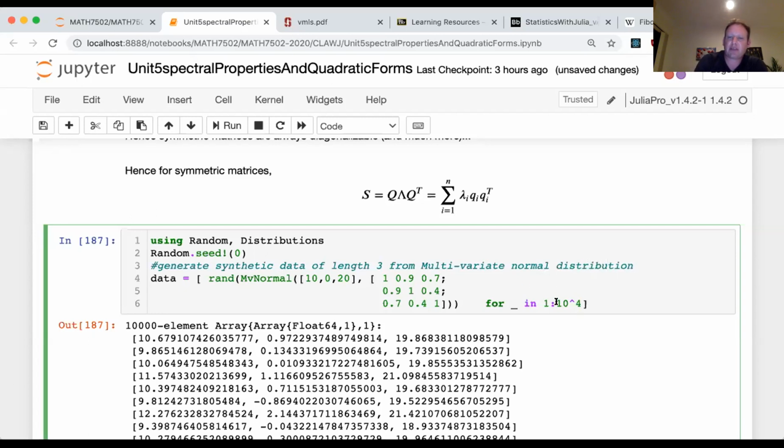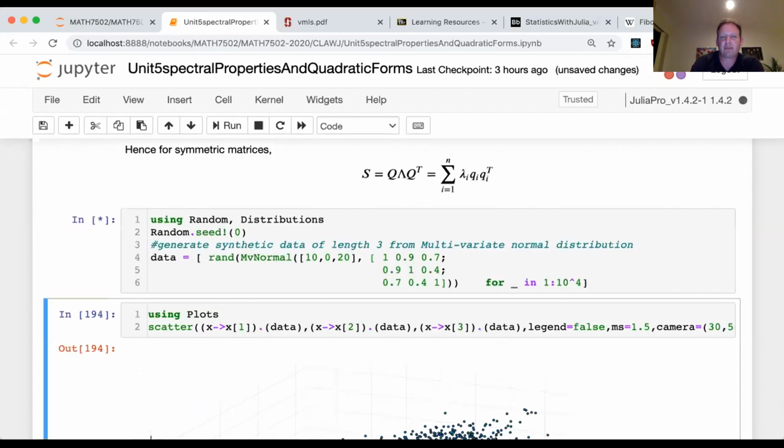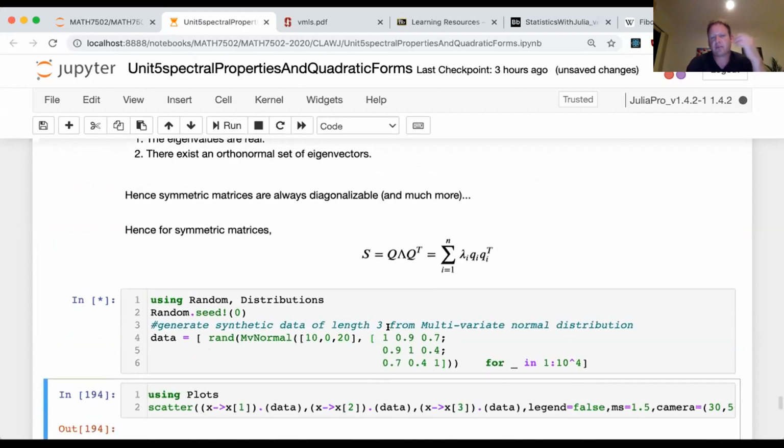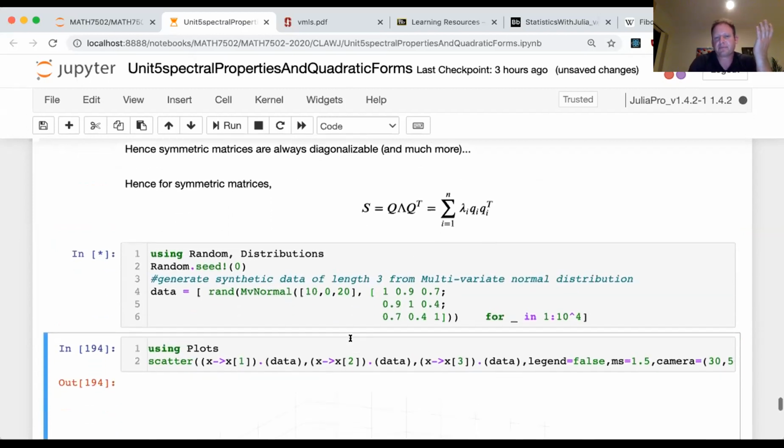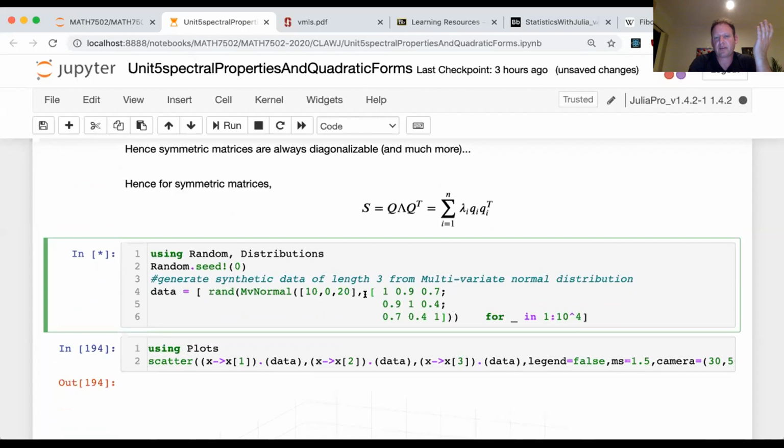I'm going to generate 10,000 points, and each time I do an MVNormal, that gives me a random vector with this mean and this covariance matrix. It's a bit backwards in this example: I'm first just generating the data, so there are many, many points. It's probably taking time because it's loading the distributions package.